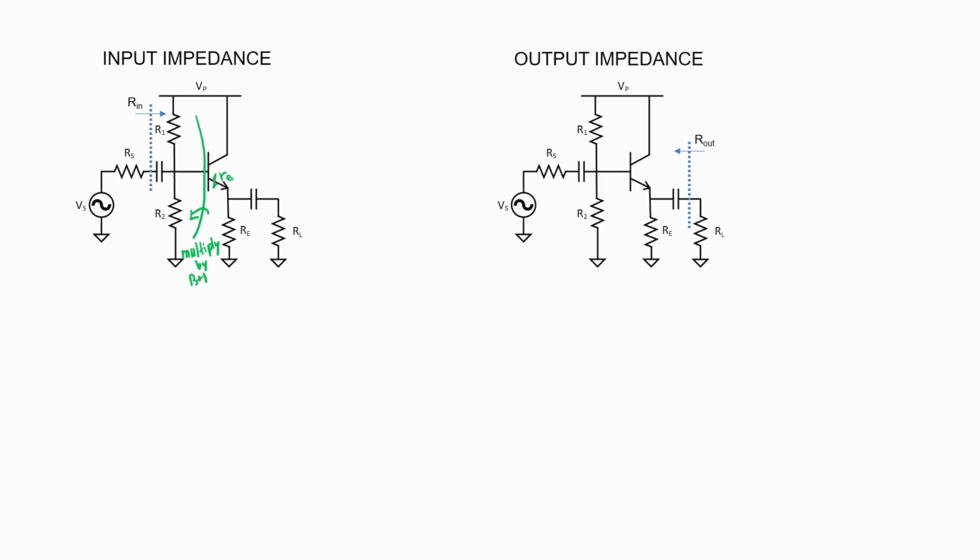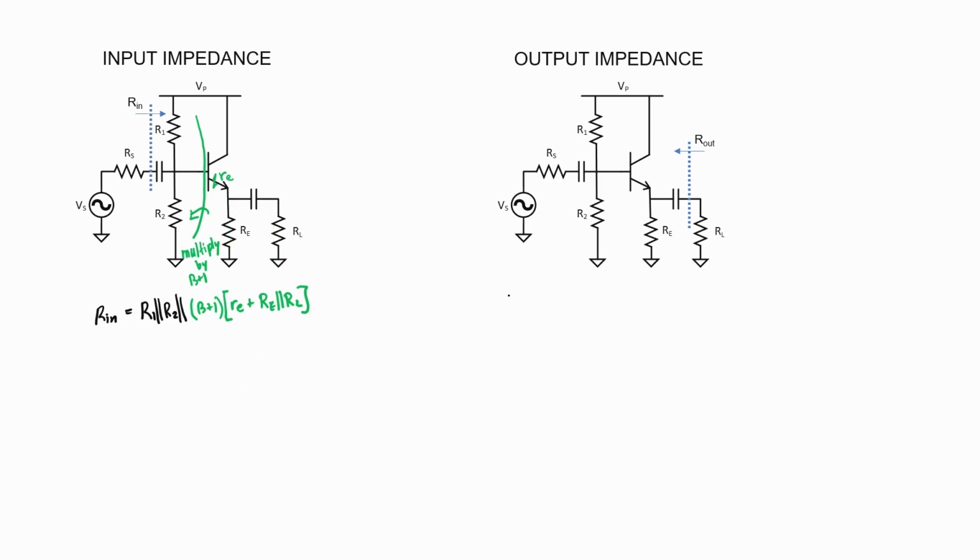Nonetheless, it's relatively easy to get a complete expression for R sub in. Because at the emitter, we just have little r sub e plus RE in parallel with R sub L, and that's the resistance that I would see if I look from the base to the emitter.